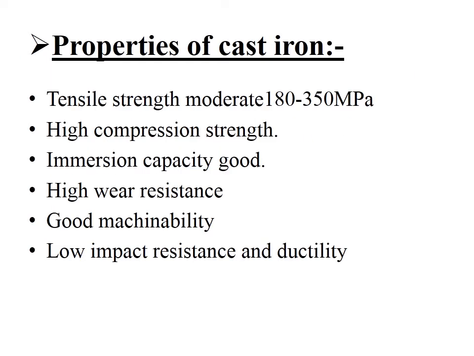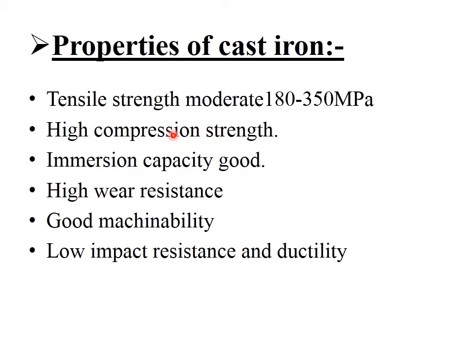Now, properties of cast iron, right? What kind of properties does cast iron possess? Very good tensile strength, right? 350 megapascal, quite good mechanical properties. The most important property, or you can say the USP of cast iron, is a very good compression strength.